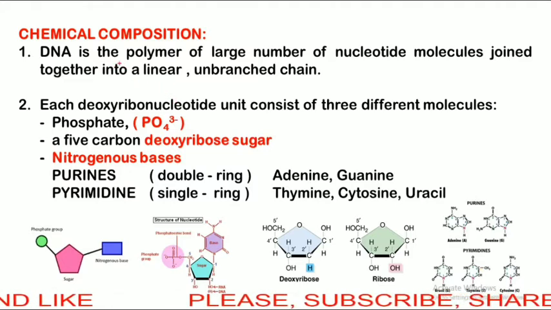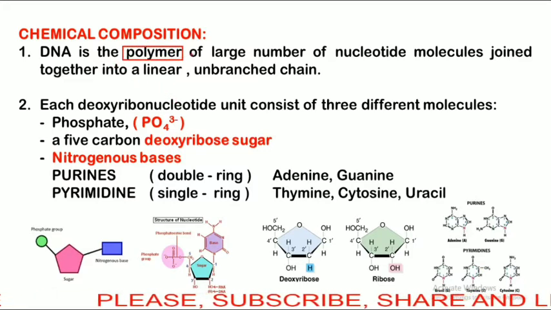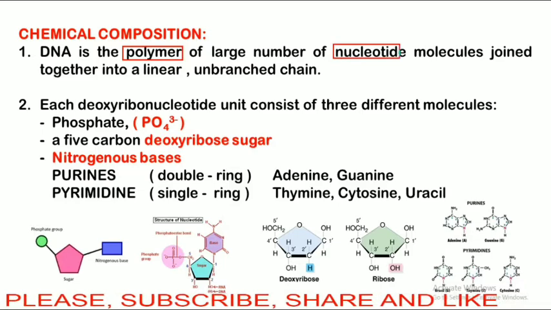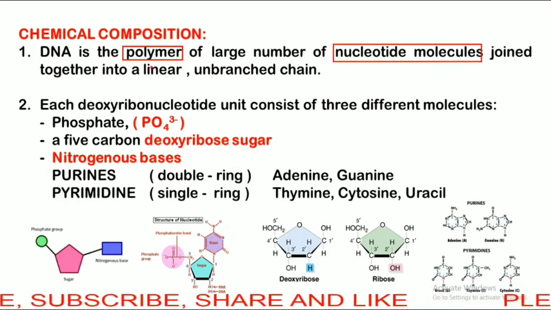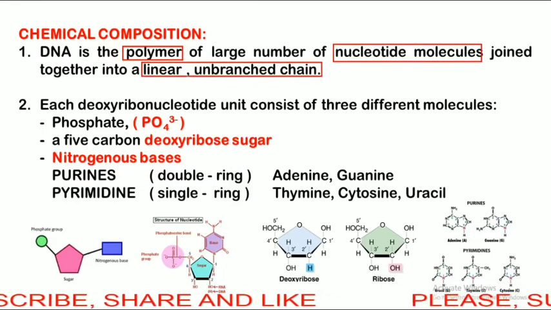Chemical composition: DNA is a polymer of a large number of nucleotide molecules joined together into a linear unbranched chain.